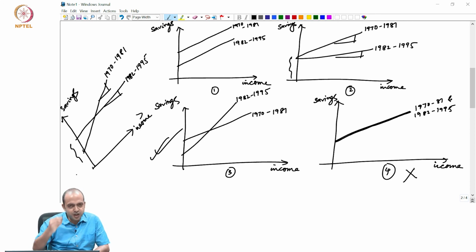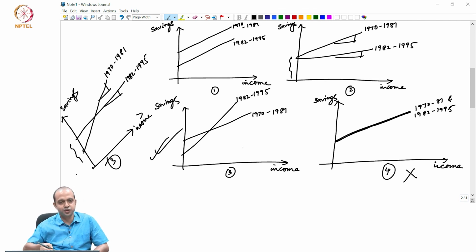So, that means the marginal propensity to save actually came down in the post recession period, which is quite understandable. In the post recession period, people are not saving that much for every additional unit of income like they were doing earlier. So, this is actually the accurate case 3 instead of this. I was drawing randomly. So, this is the case.